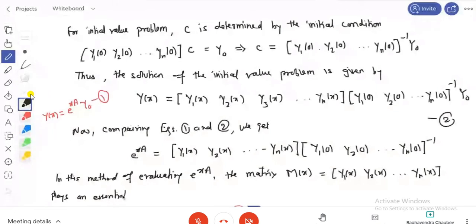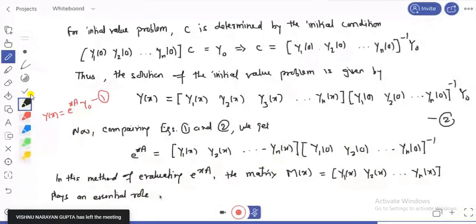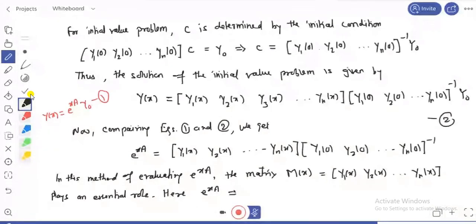So e to the power xA equals, if we call this matrix Mx, so this is your Mx. What about this? This is M at x equals 0. So this is M0, and that matrix has an inverse.